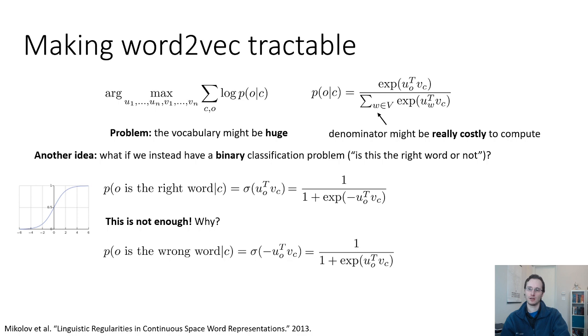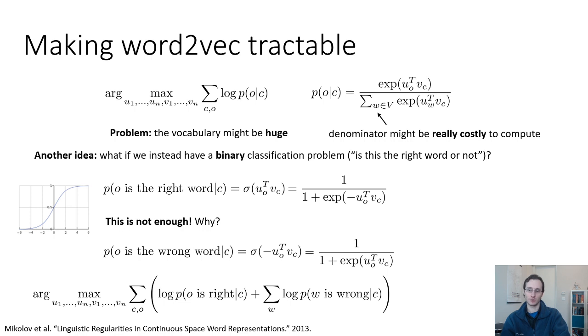Now, for every center word C and every context word O, we will add the log probability that O is right given C, and then we'll sample some random words from the dictionary that are obviously not the same as O, and we'll add those as labeled with wrong. So we'll take the real O and C tuple and label it as right, and we'll take some random words and label them as wrong. Now we have both true and false examples, and if we train for these binary classification problems, we'll actually get something sensible.